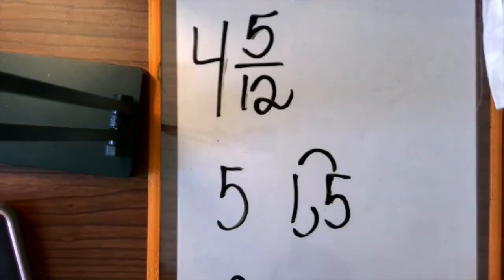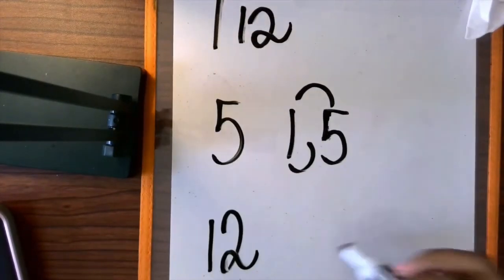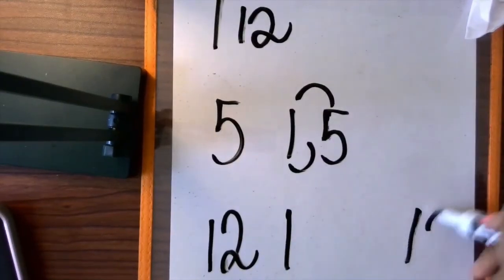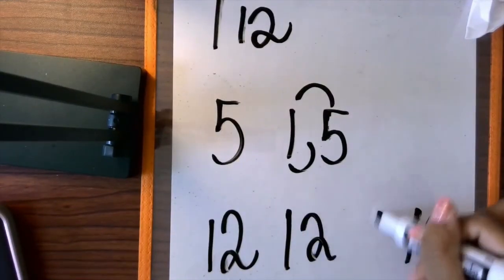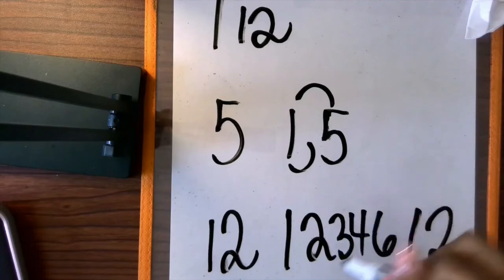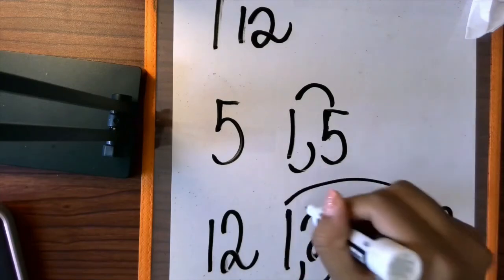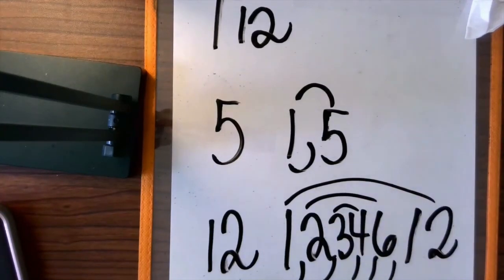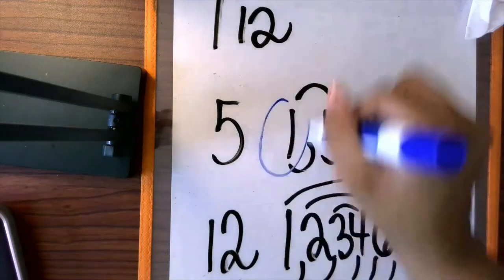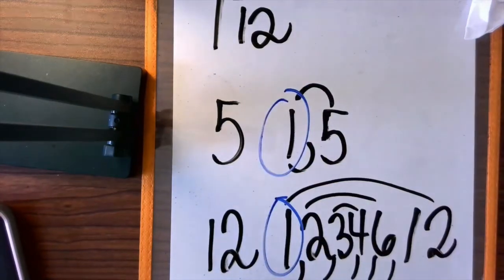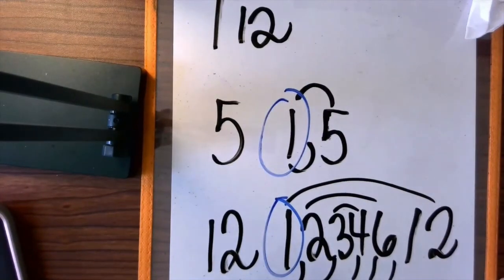Then I'm going to list my factors for 12, which include 1 and 12, 2 and 6, and 3 and 4. Now I'm looking for common factors, and in this case, my only common factor is 1, which means this fraction cannot be reduced or simplified.